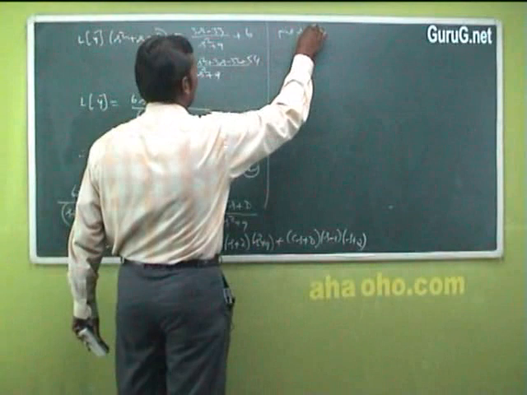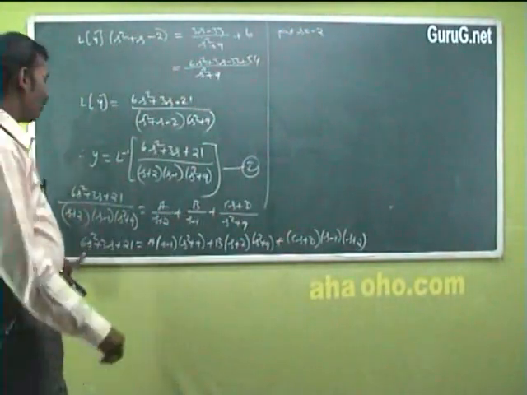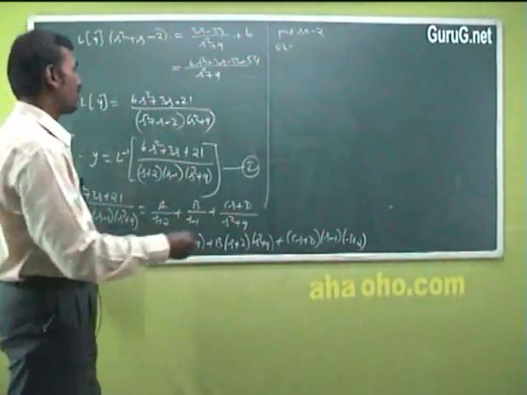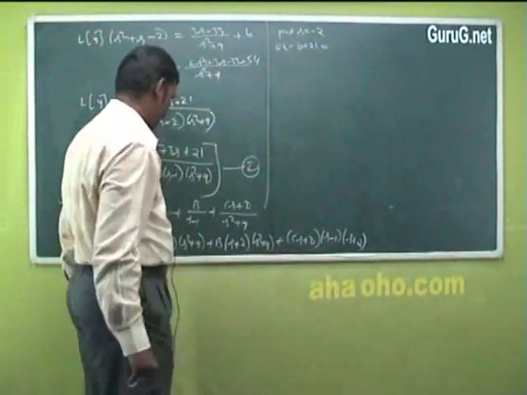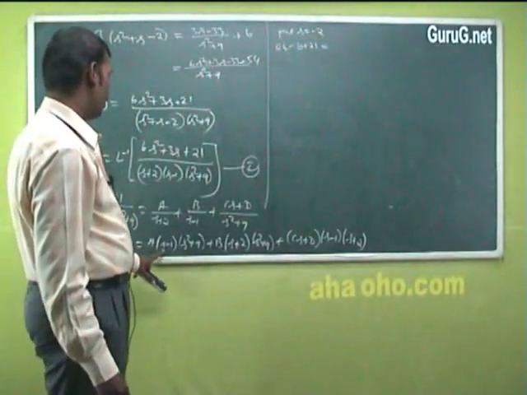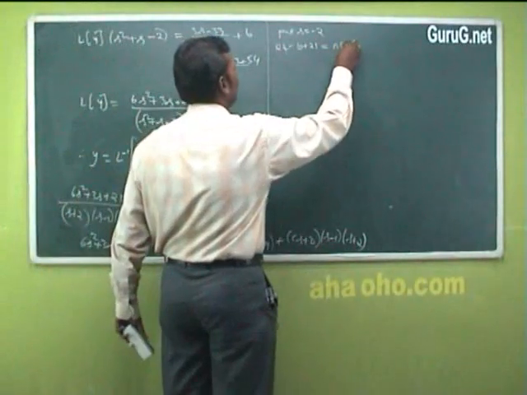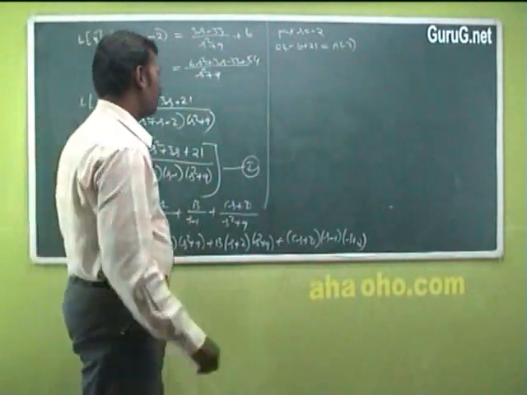So put s equal to minus 2, we get 4 into 6 is 24, minus 6 plus 21 equal to, putting minus 2 gives minus 3. So a into minus 3, into 13.